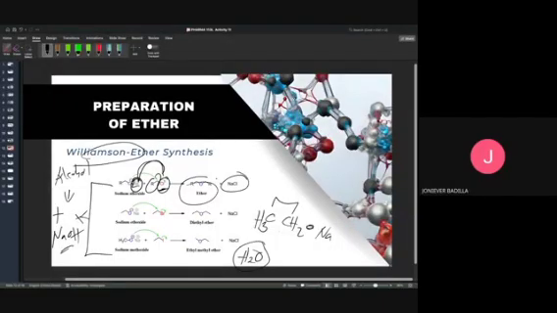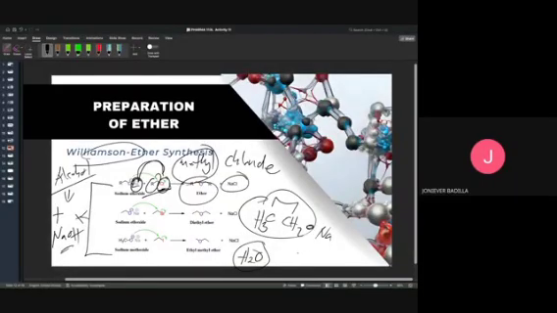So when does it become unsymmetrical? Suppose the alcohol used is ethanol and the alkyl halide used is methyl chloride. It is possible to form methyl ethyl ether, or methoxyethane. That makes it unsymmetrical.